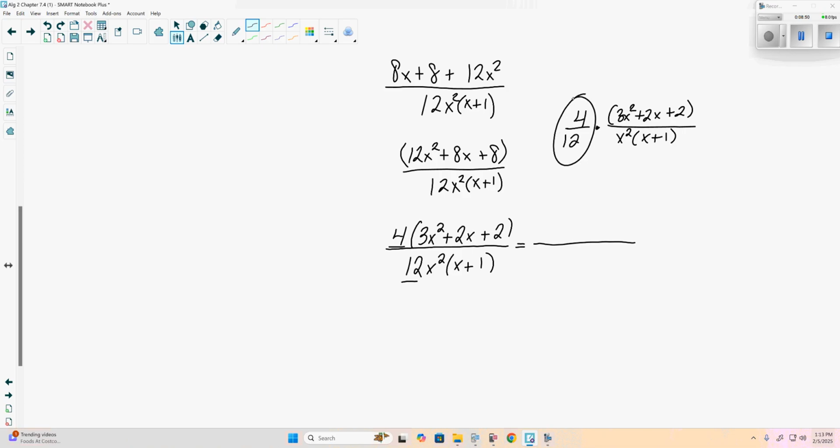And 4 over 12 is going to reduce to 1 over 3. So on bottom, we would have 3x squared times x plus 1. On top, since it reduced to 1, we just have our parentheses left, our 3x squared plus 2x plus 2.